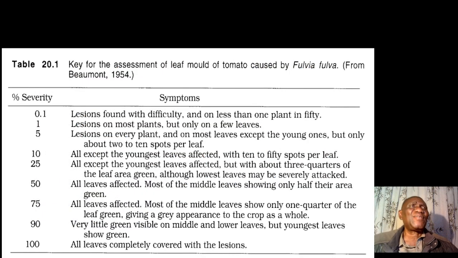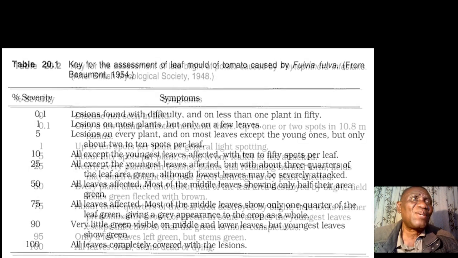For example, we have got this old key, but it could be very useful. You have got severity. You are looking at an individual plant where we have got a scale from 0.1 up to 100. And we have got those descriptions for each category. Depending on what you are seeing, you put a percentage, or you record a percentage.